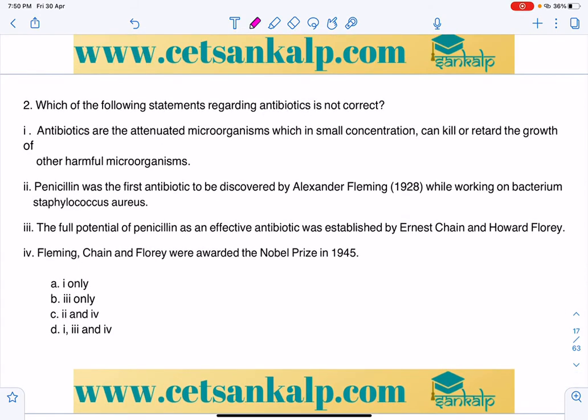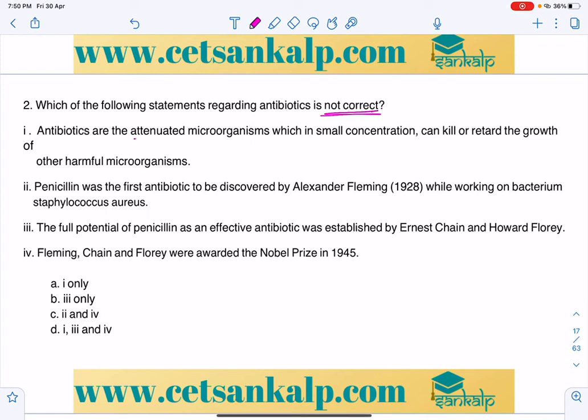Which of the following statements regarding antibiotics are not correct? So antibiotics I already mentioned, which are generally used against infectious or pathogenic agents.